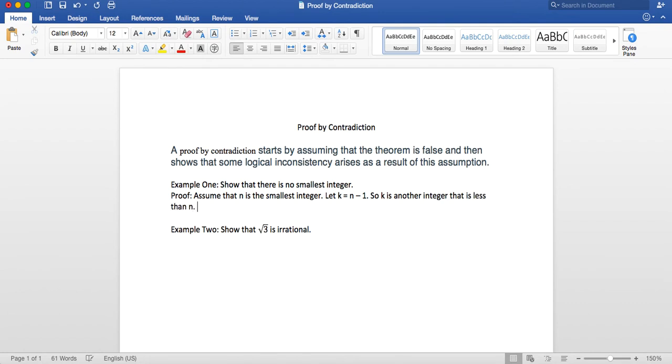How do you know it's less than n? Because k is n minus 1. So that is a contradiction to the assumption that n is the smallest integer.